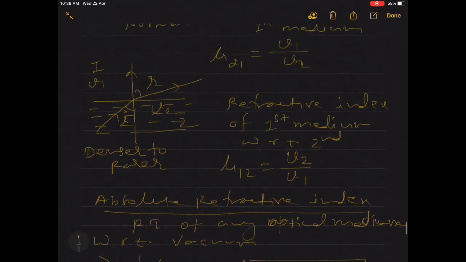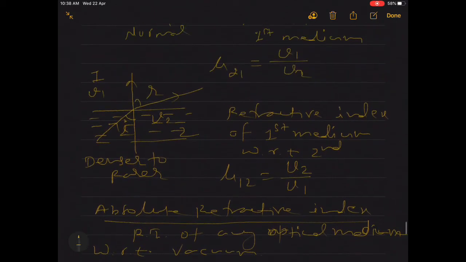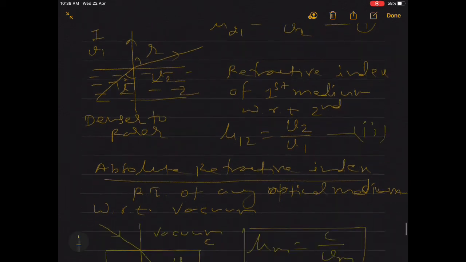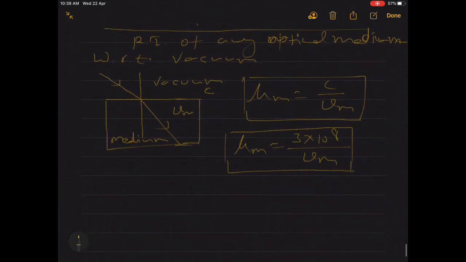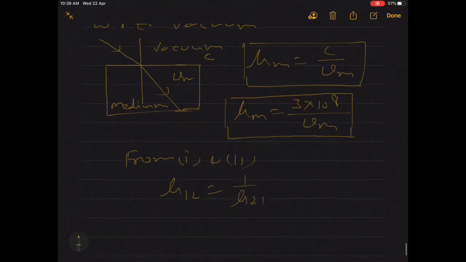One more thing you can understand from this equation, first and second, that mu 1 2 is equal to mu 2 1, or rather mu 2 1 is equal to 1 upon mu 1 2.